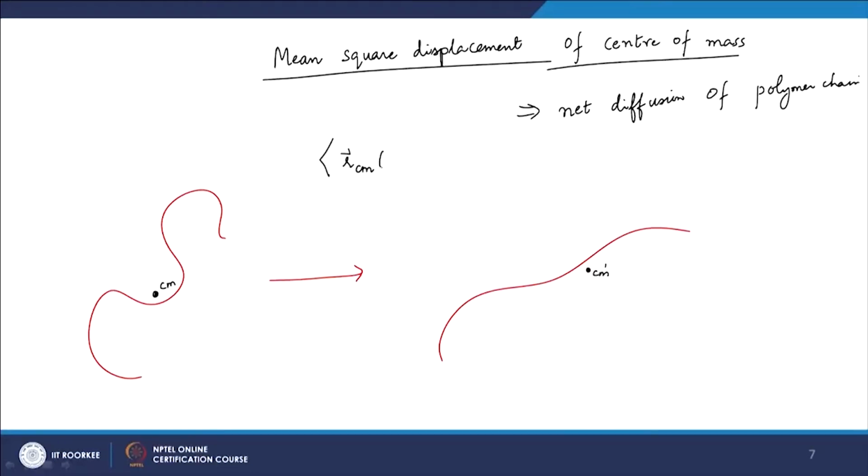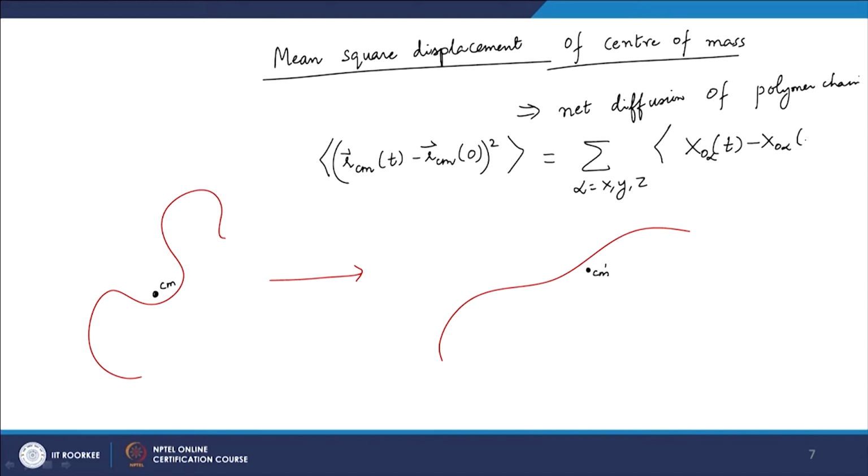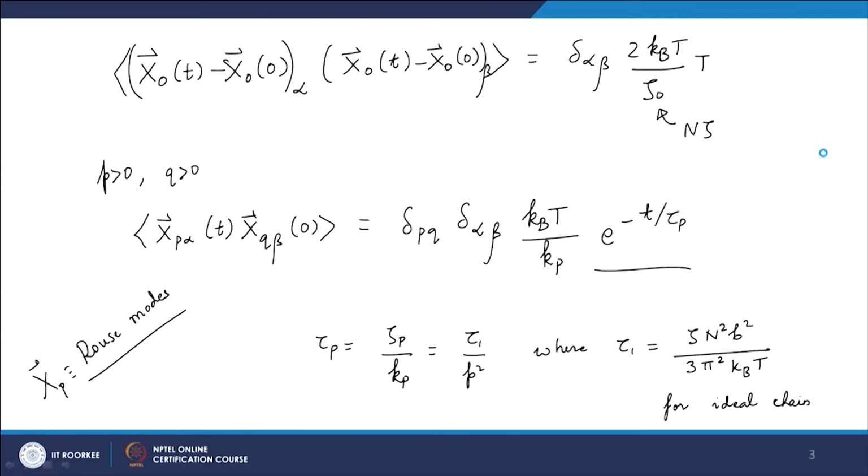Okay. So, if I am interested in this, I can define this as simply the following, where R_CM is the position of the center of mass, which would then be a sum over the axes x, y, z for the first modes, which was this, and we already have derived what that should be, that is simply delta_alpha_beta 2 kBT by zeta_0 t.